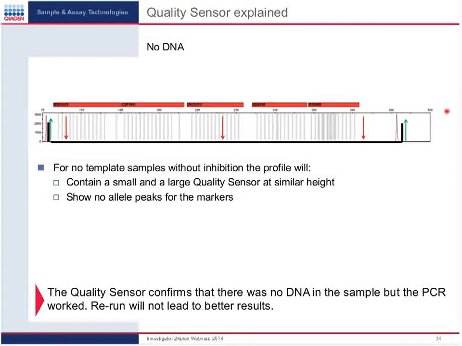These are present because you already have your template. This is the specific template from the quality sensor, and it is present in every experiment, so we always get the peaks from the two quality sensors. This shows you that there was no DNA in the sample, but the PCR worked.